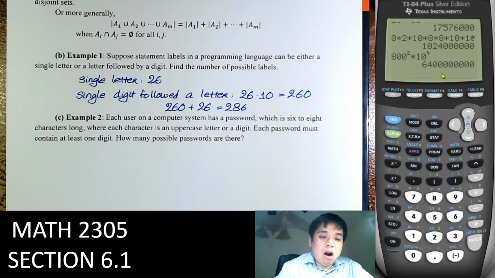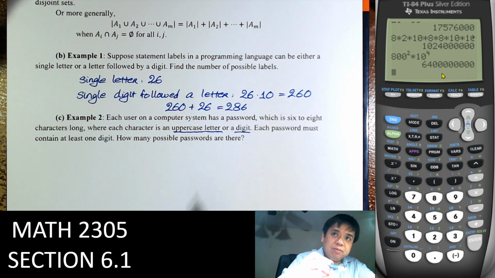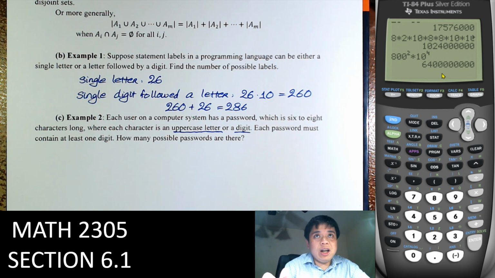Next, each user on a computer system has a password which is 6 to 8 characters long, and each character is an uppercase letter or a digit. So there are 26 uppercase letters and 10 digits, 36 total. But each password must contain at least one digit.